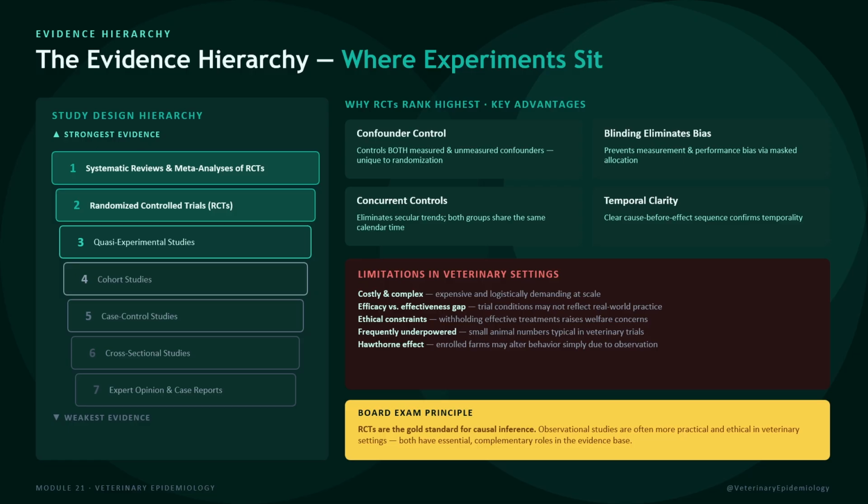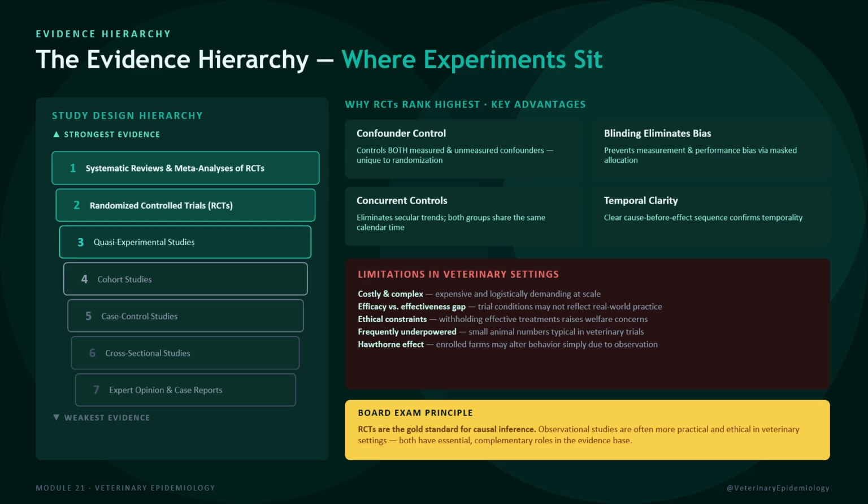RCTs rank highest because randomization distributes confounders evenly between groups, including variables we didn't measure or didn't know about. Blinding further protects against performance and detection bias, especially for subjective outcomes like lameness or pain scoring.